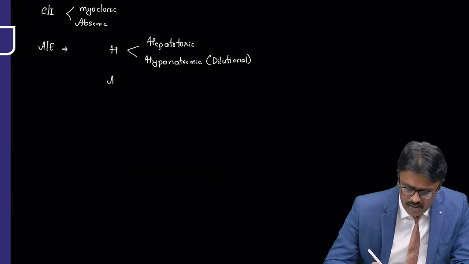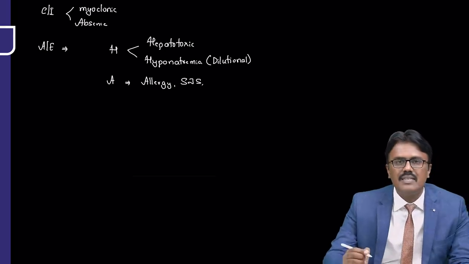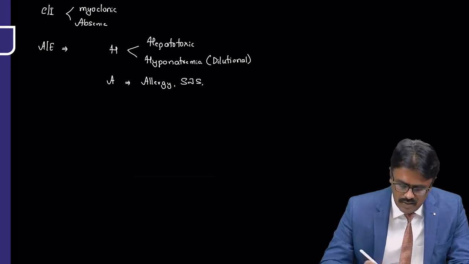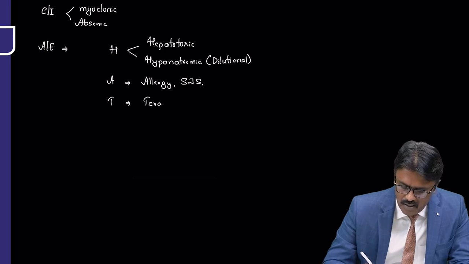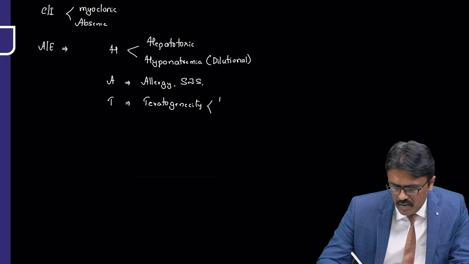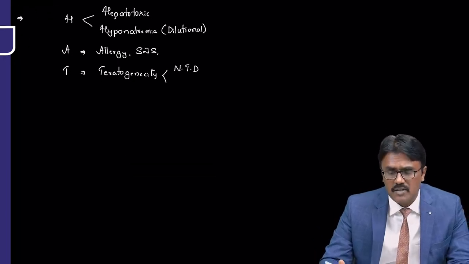So A for drug produces allergy. So patient with allergy can present with Stevens-Johnson syndrome. And T for the drug can produce teratogenicity. So what is the teratogenic effect? What we see is the NTD. NTD stands for the neural tube defects.